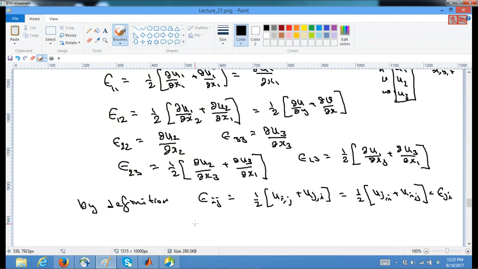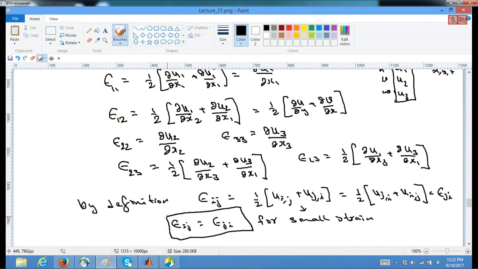So by definition, epsilon ij is equal to epsilon ji, because this is small strain. So epsilon is a symmetric tensor, right?